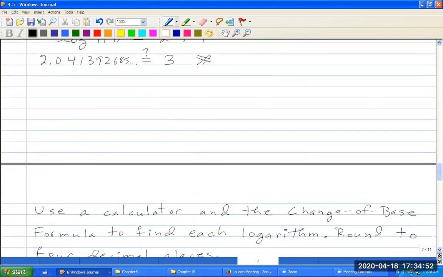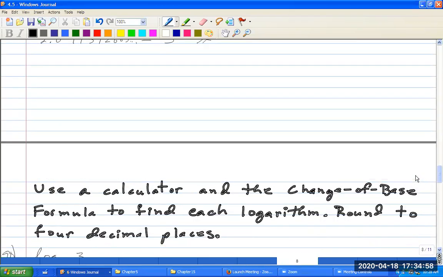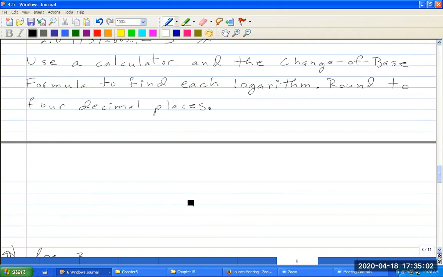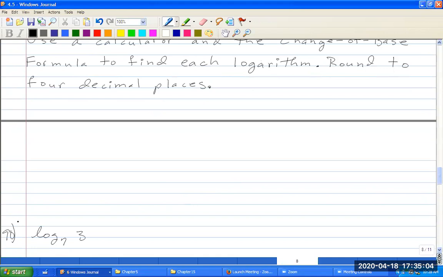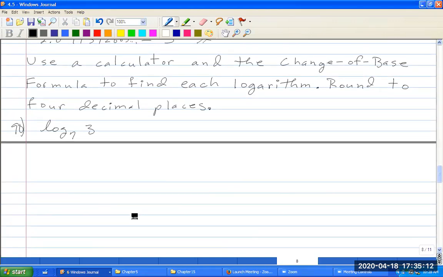Okay. Use a calculator. We'll do 4 decimal places. They told us how many places. So that's good. Use a calculator and the change of base formula, round to 4 decimal places.